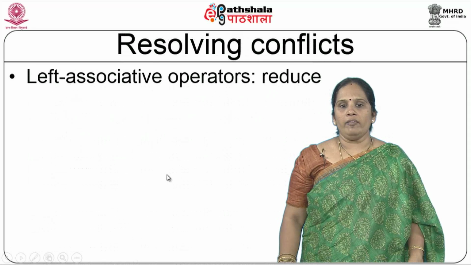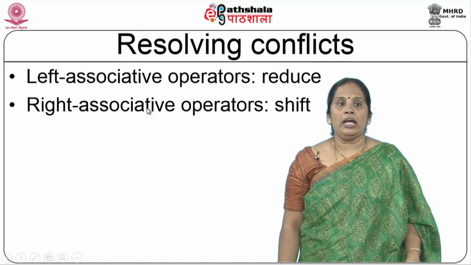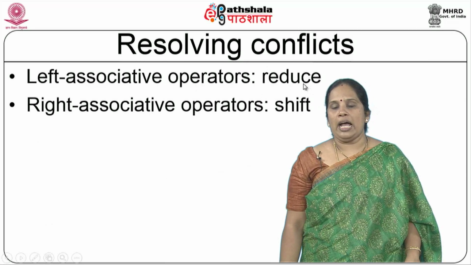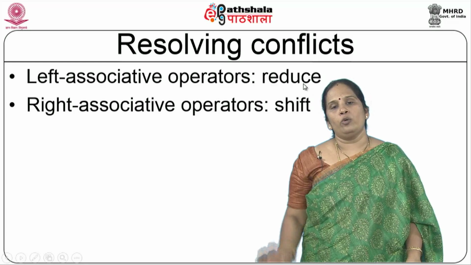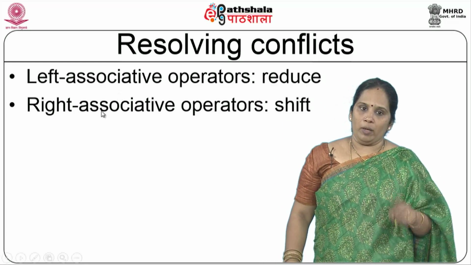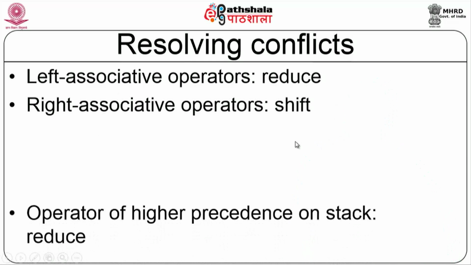Resolving conflicts is typically done using operator associativity and precedence. For left associative operators, if there is a conflict, you go in favor of the reduce action. If it is a right associative operator, you go in favor of the shift action.